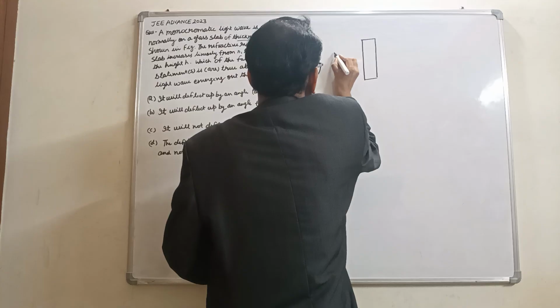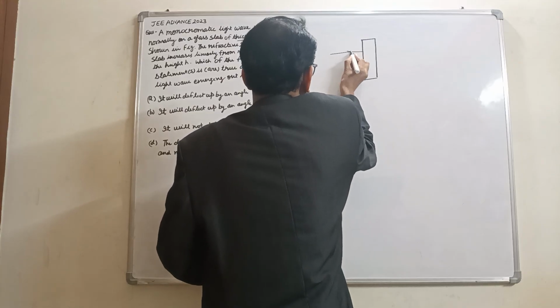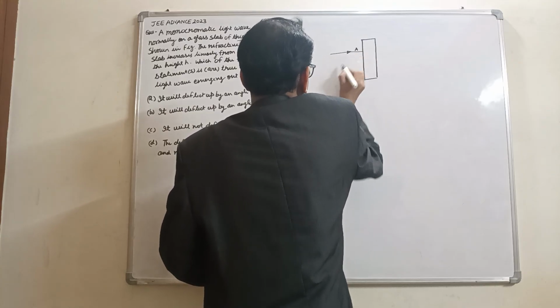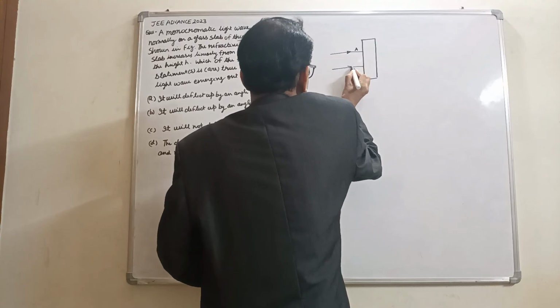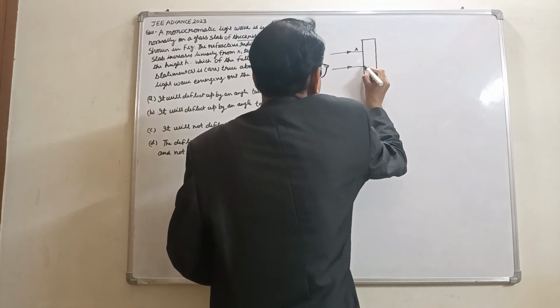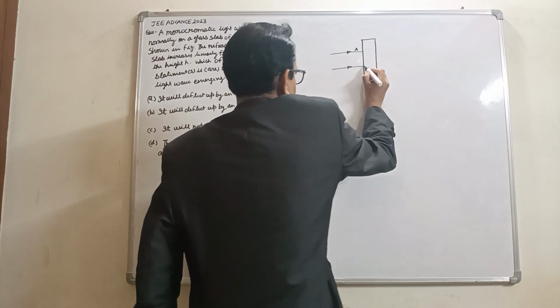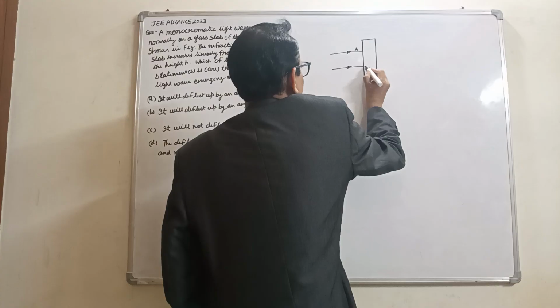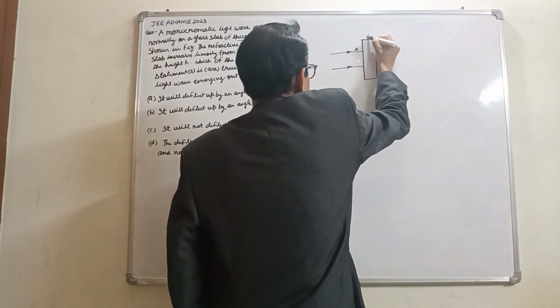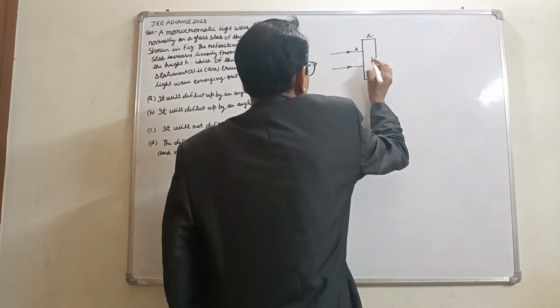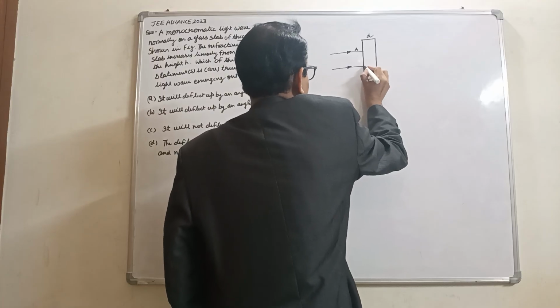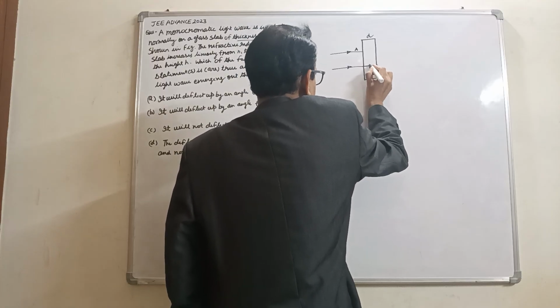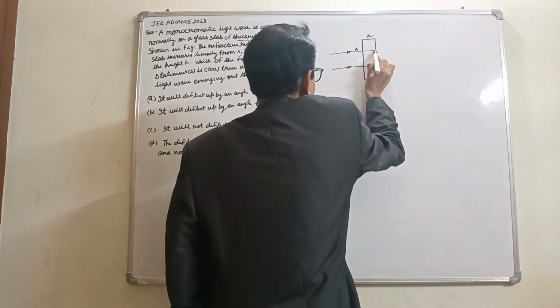Suppose this is ray A and this is monochromatic ray B. When this ray traverses from here to here, the lateral displacement is small because the thickness is very small, so the ray passes through like this.